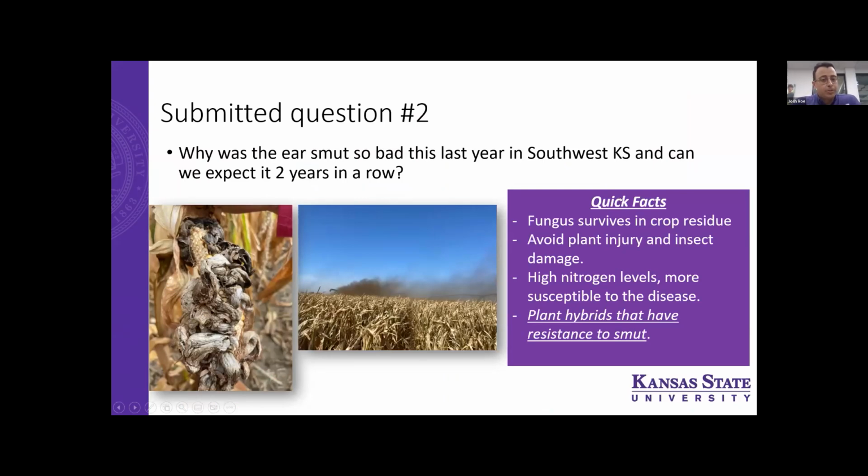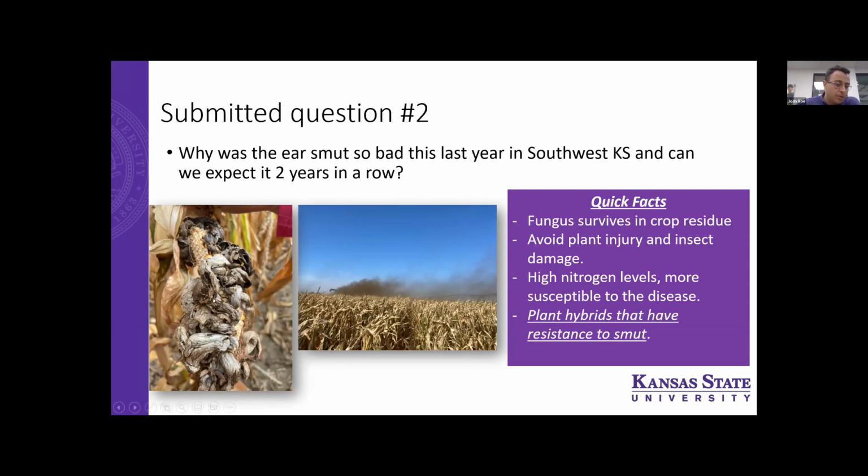So question number 2 that was submitted to us was regarding corn smut in Southwest Kansas. If you were out there, you probably saw some fields. Those 2 pictures were taken in the southwest part of Kansas. The first one shows how corn smut looks at the end of the season, right?